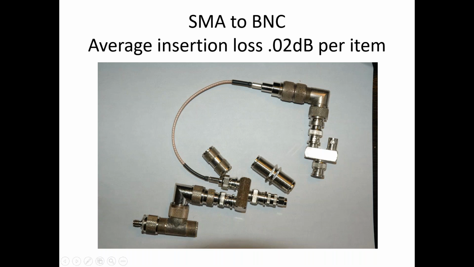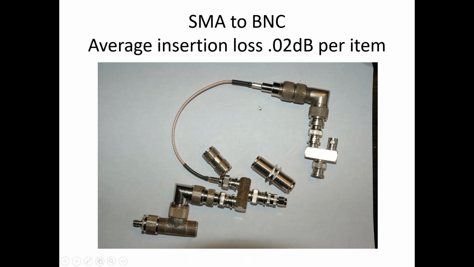I connected, and again, it's not the correct representation, from an SMA to, in this case, a BNC, but I should have gone to an SO239. All of these connectors together made very little difference in my signal, because each of these connectors only represents 0.02 dB loss.